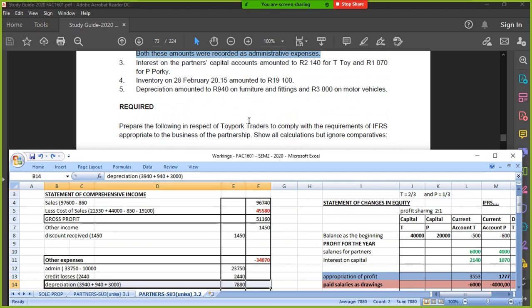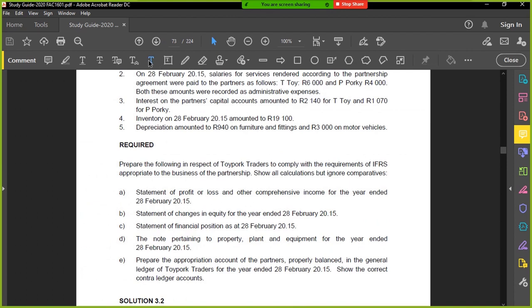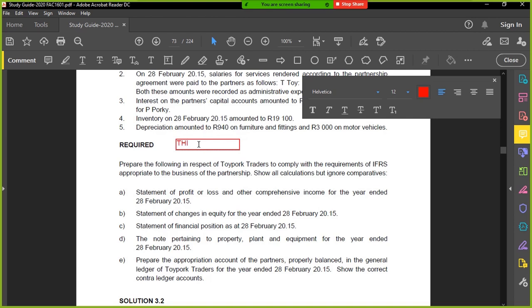If I was them, I would have said here as an additional note, to make it correct, I would have said this depreciation was already accounted for.